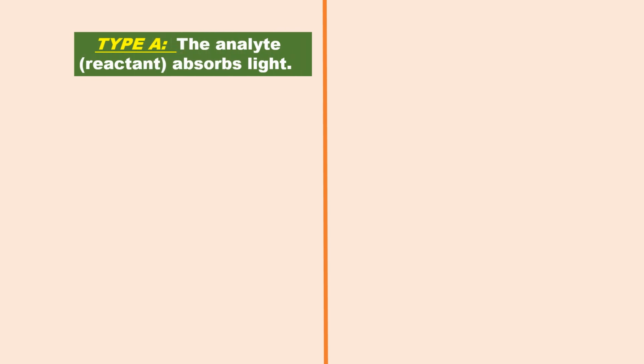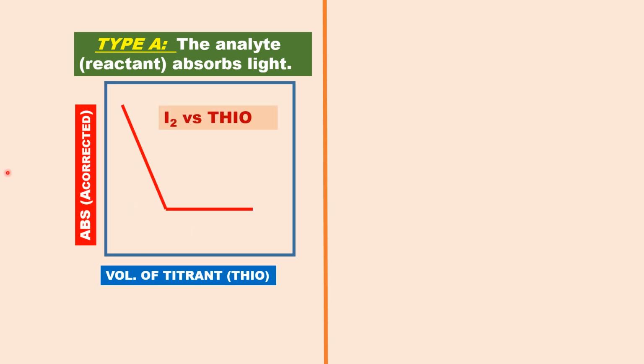Now let us study type A in detail. In type A, the analyte, the reactant, only absorbs light. For example, in the burette, thio is taken. In the titration cell, iodine plus KI plus starch. It gives deep blue color, so the absorbance is higher in the beginning.